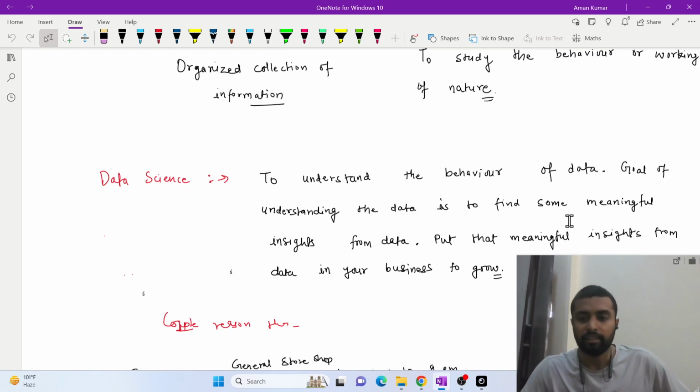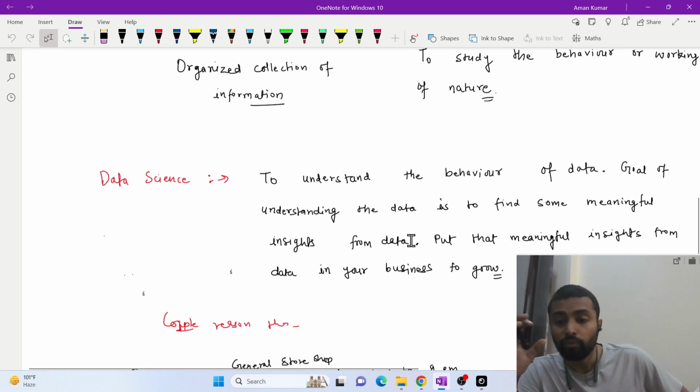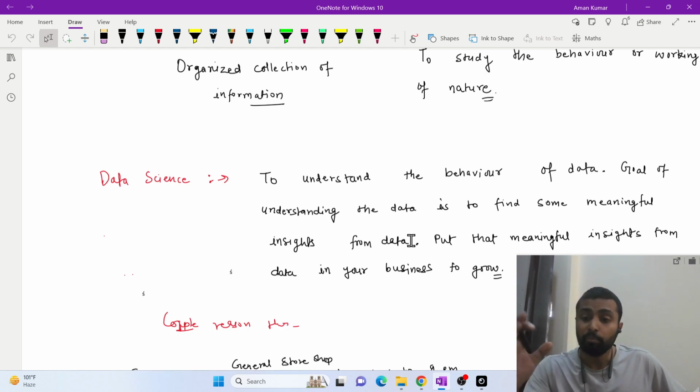Next, we have written that the goal of understanding the data is to find some meaningful insights from data. That means we want to find some meaningful information. But what is the meaningful information here? What types of meaningful insights do we want to get from data? We will answer it. Just right now see the definition.